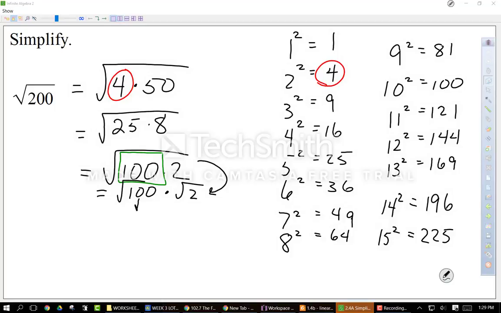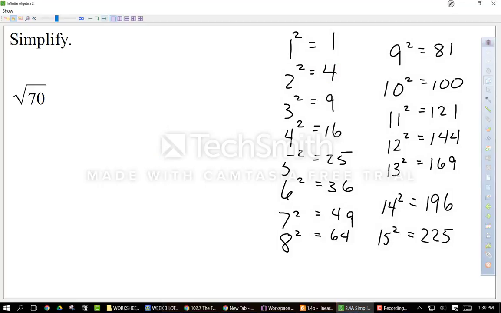Well, what's the square root of 100? 10. Is there a square root of 2 that I can break down? No, there is not. So the answer is 10 square root of 2. Always want to find the biggest square that goes into the number. It just makes your life easier.